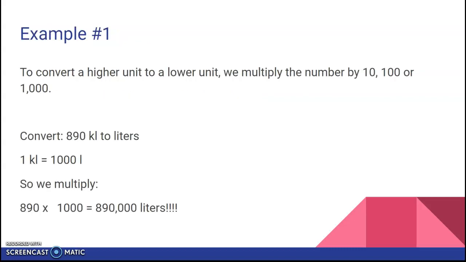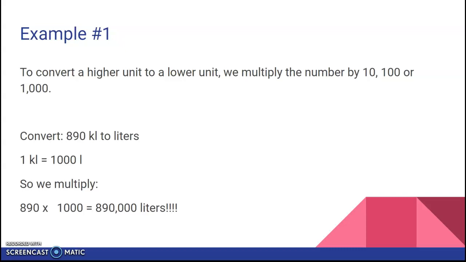So let's go over a couple examples. To convert a higher unit to a lower unit, we multiply the number by 10, 100, or 1,000. So in this following example, we are converting 890 kiloliters to liters. 1 kiloliter equals 1,000 liters.